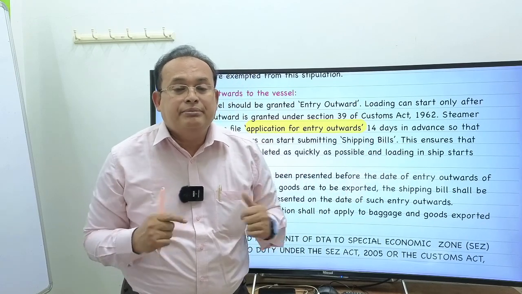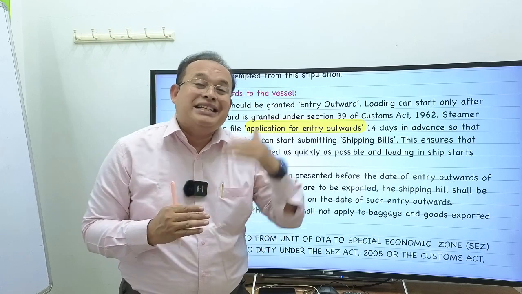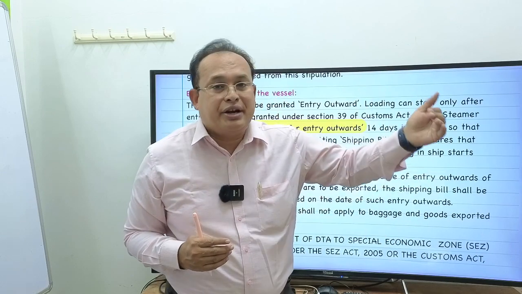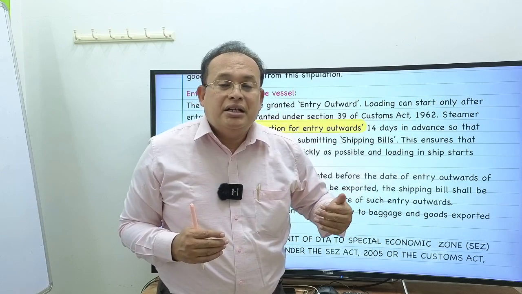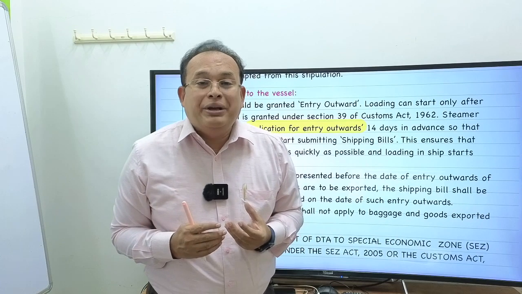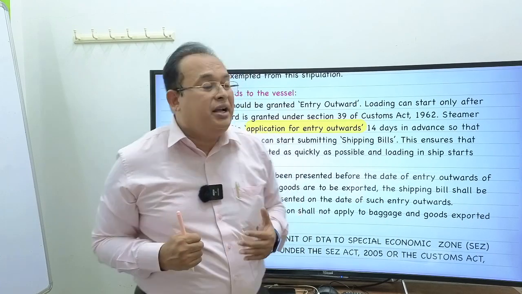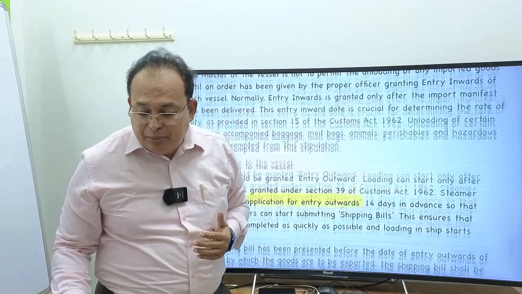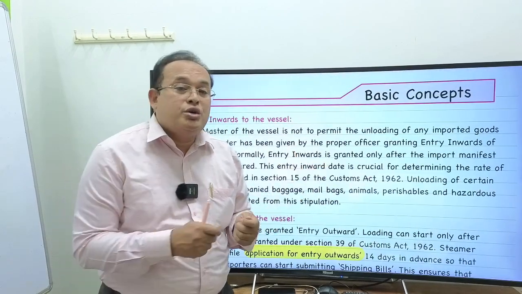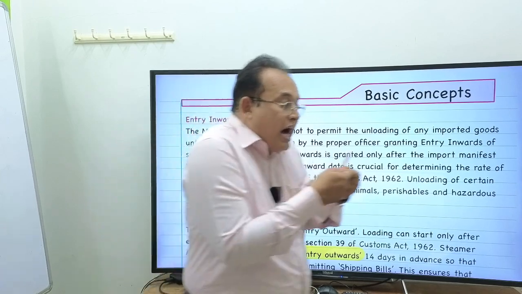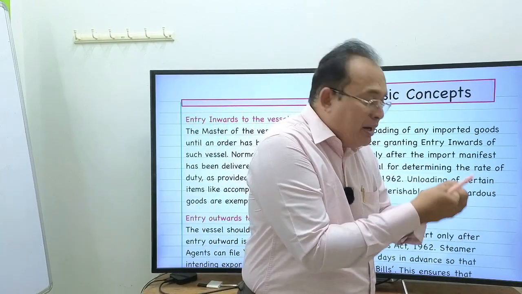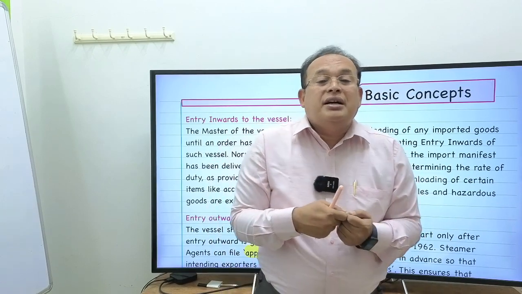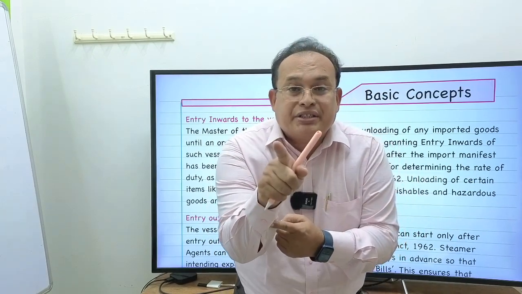At the same time, the vessel reaches the port of the destination country, South Africa. Just as entry outward was obtained in the exporter country, similarly from the importer country's point of view, before you arrive at the port or airport, you submit what? The import manifest.